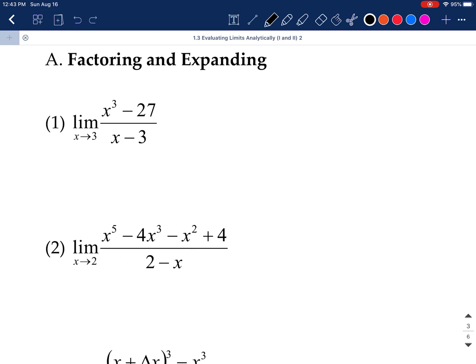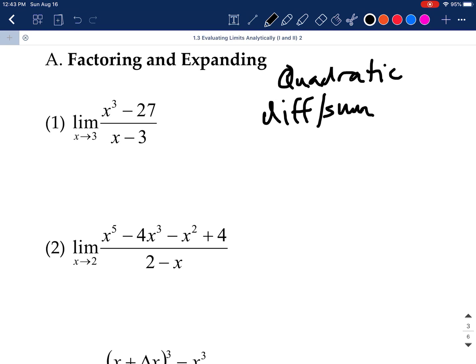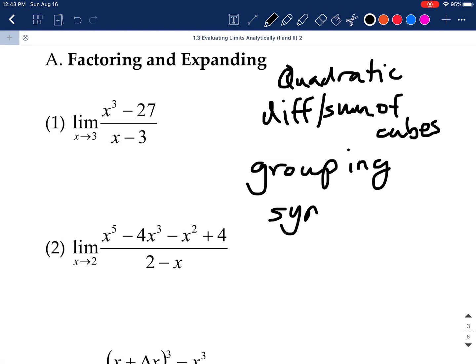So again, quadratic, difference, sum of cubes, grouping, and synthetic division.